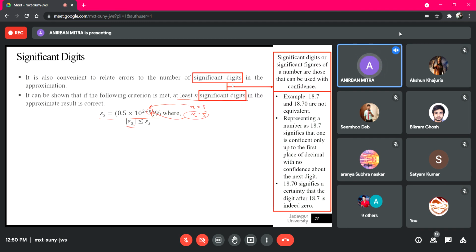Here one is confident only up to the first decimal place, and there is no confidence about the next digit. Whereas 18.70 signifies that we are certain that the number that follows 7 is 0. It signifies a certainty that the digit after 18.7 is indeed 0.